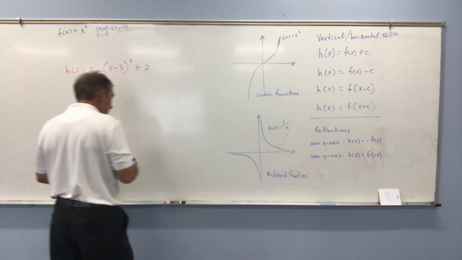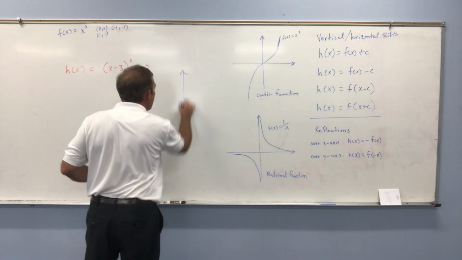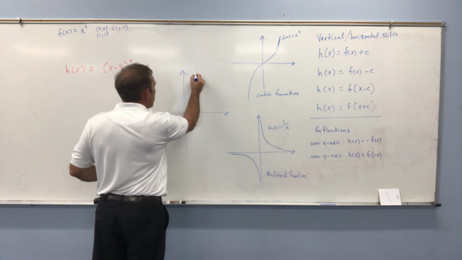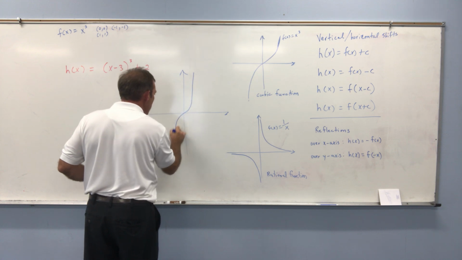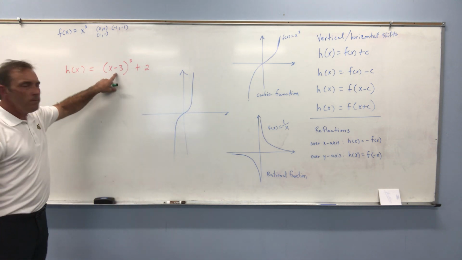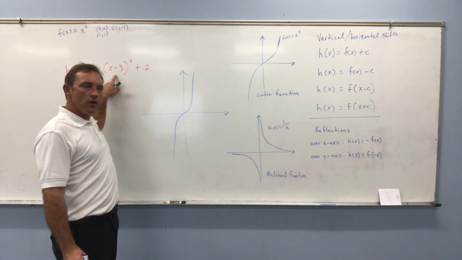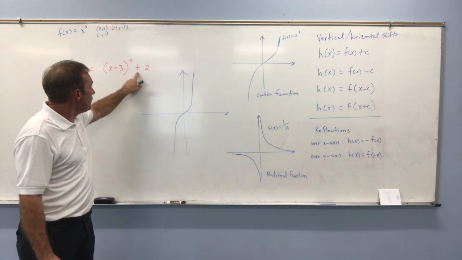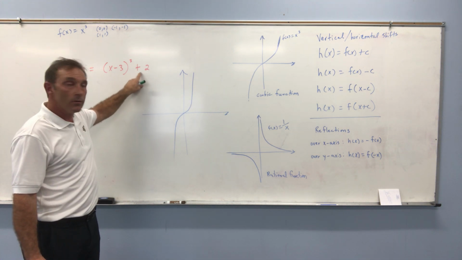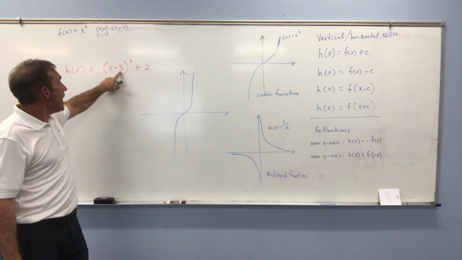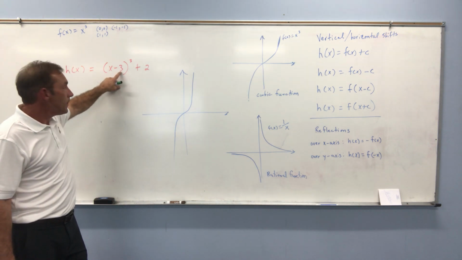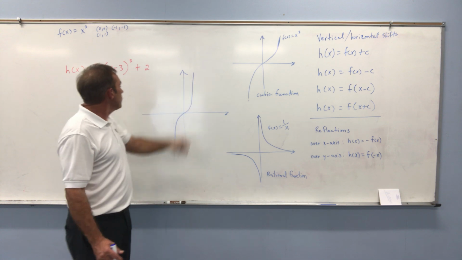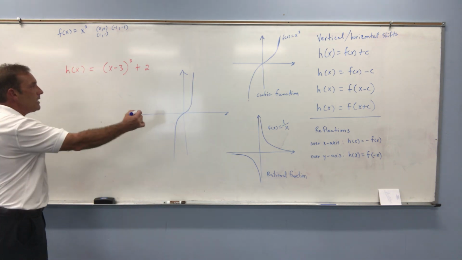Then, once again, we have our parent function, this cubic function. But this one is going to actually have 2 shifts going on. It's going to have a vertical shift of 2 units, but it's also going to shift to the right 3 units. That means every point on this is going to go right 3 and up 2.